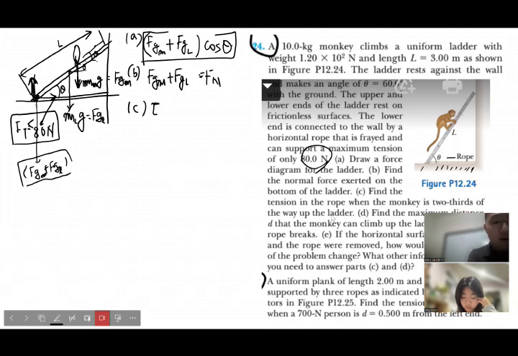Here the tension force is Ft. If you think of the top of this ladder as pivot point A, then the radial component should involve theta.